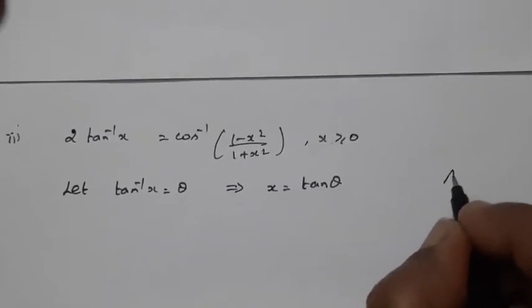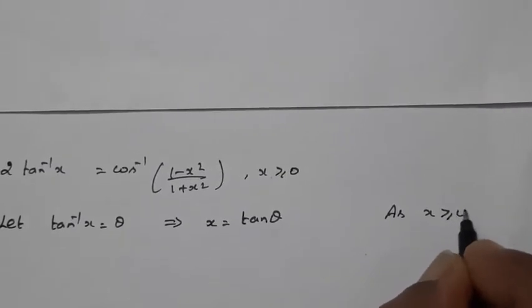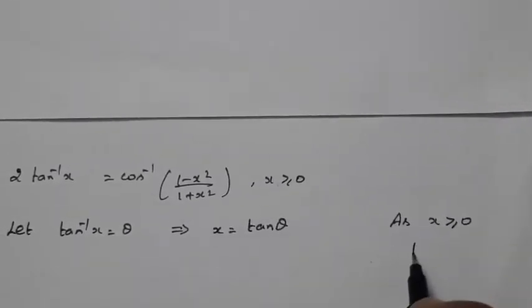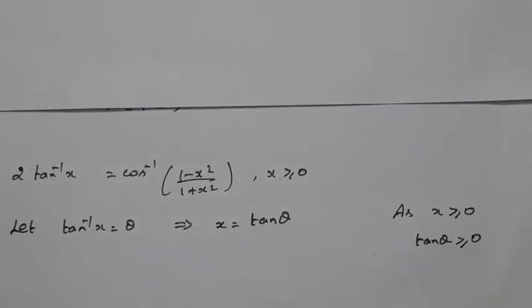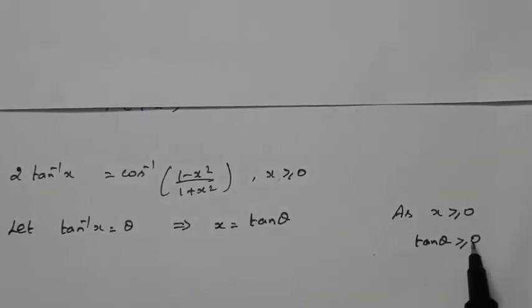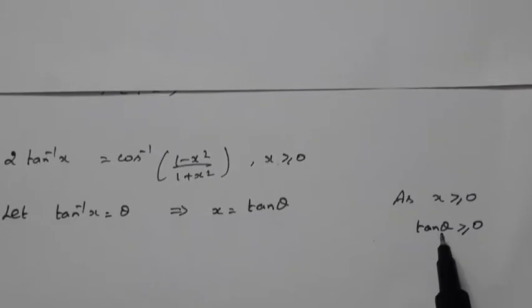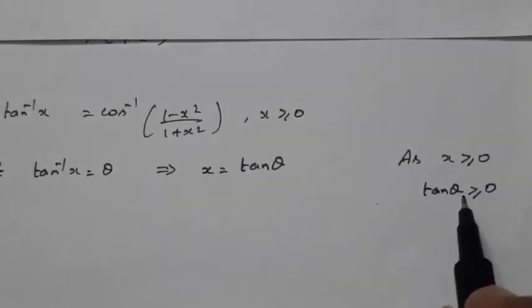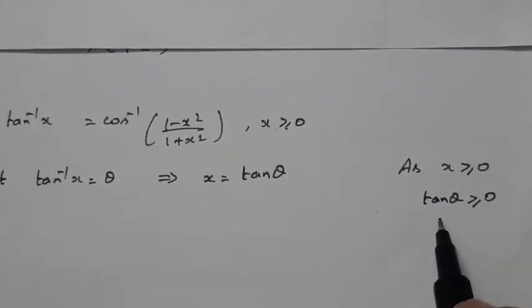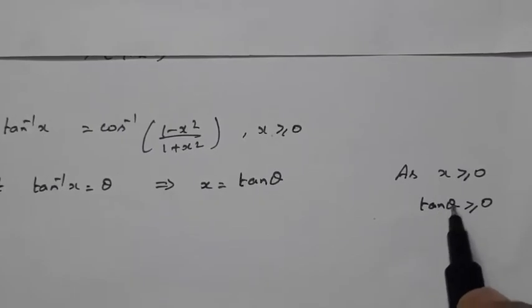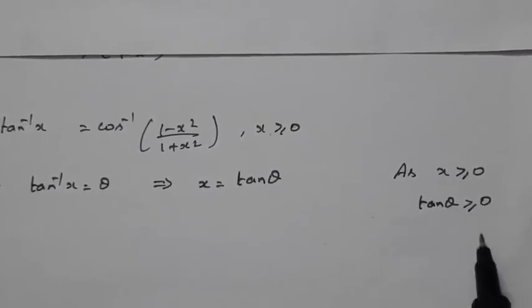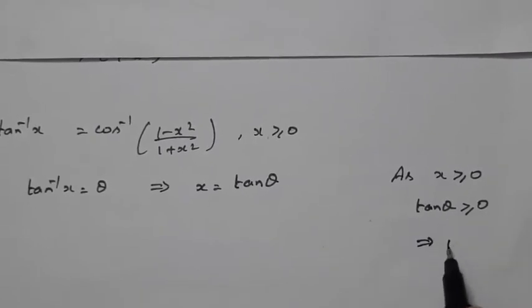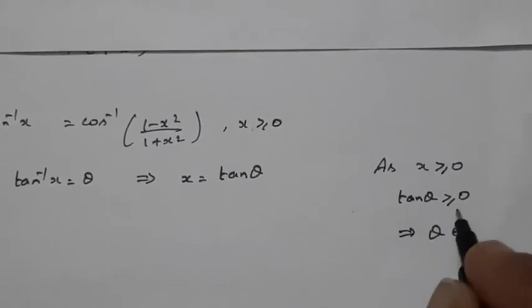Now, as x is greater than or equal to 0, tan theta is greater than or equal to 0. That means that tan theta is positive. So, for what angle tan theta is positive means the angles in the first quadrant and the third quadrant. But for the principal domain, for tan, theta should lie in the first and the fourth. So, this implies that theta belongs to the first quadrant.